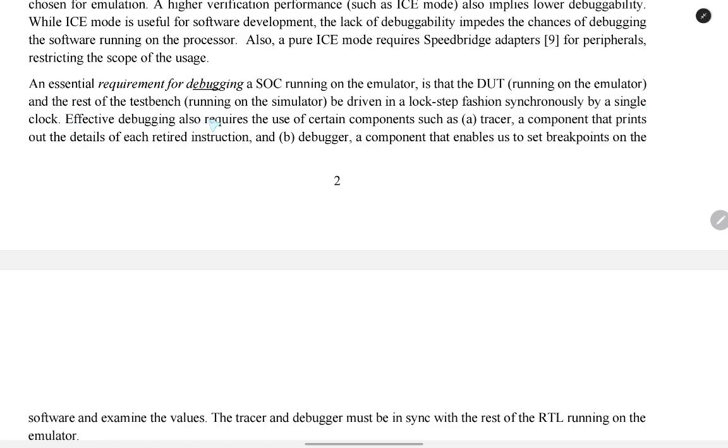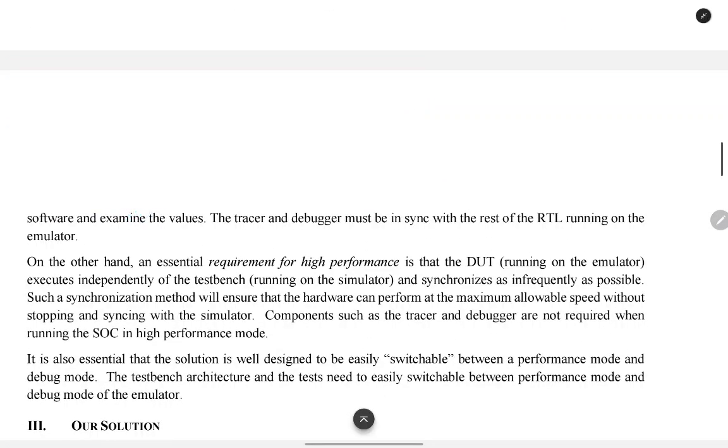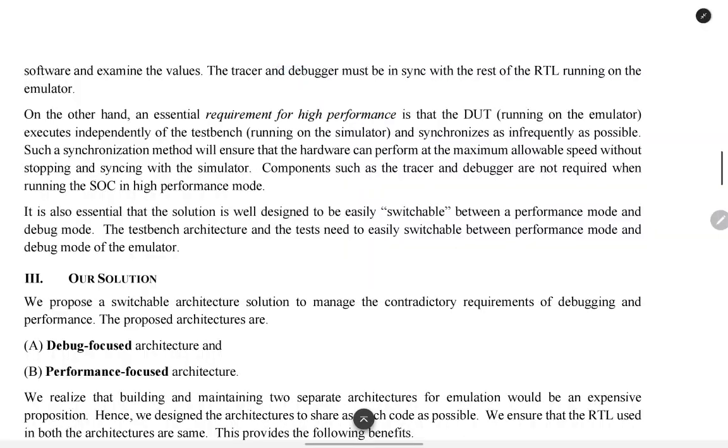Effective debugging also requires the use of certain components such as A, a tracer, a component that prints out the details of each executed instruction, and B, a debugger, a component that enables us to set breakpoints on the software and examine the values. The tracer and debugger must be in sync with the rest of the RTL running on the emulator.